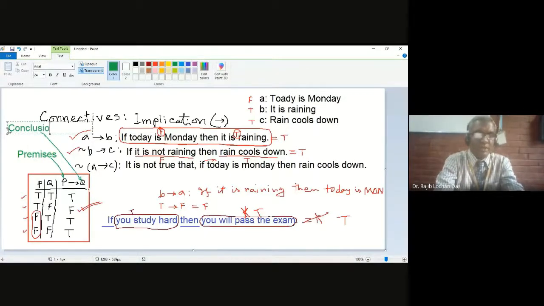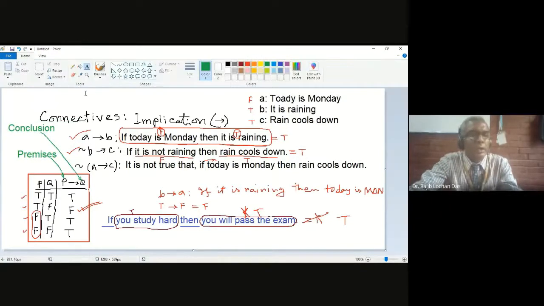Now I'm saying with these words, if the premises is wrong, that means if P is false, then you will not think about Q. Q may be true, may be false, does not matter. The whole sentence will be correct. The whole sentence will be true.